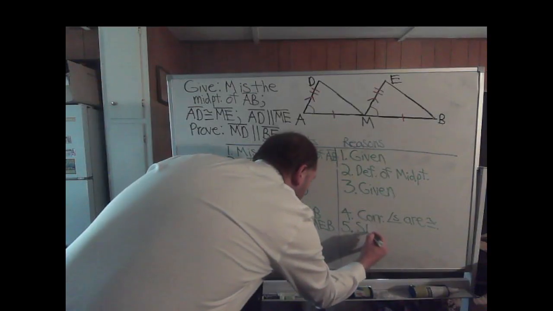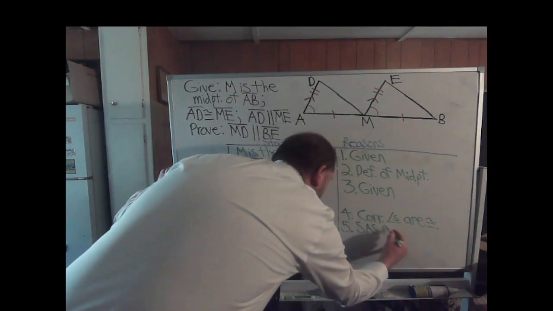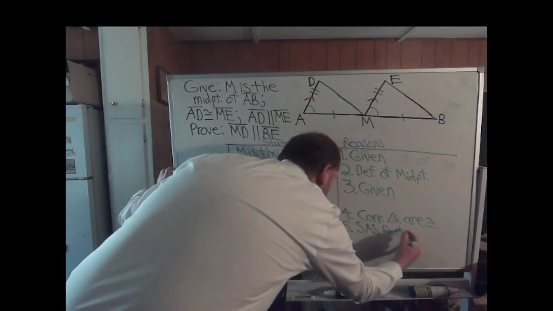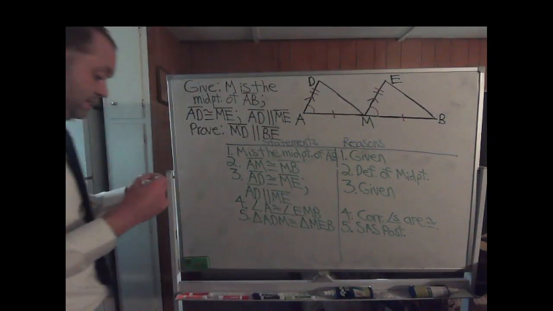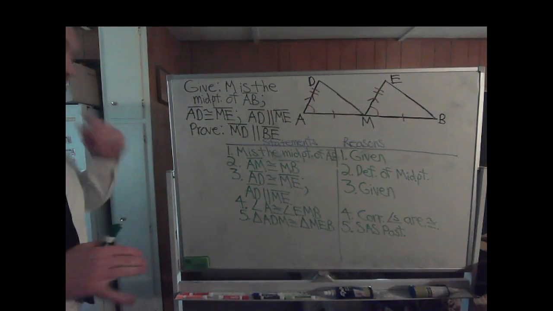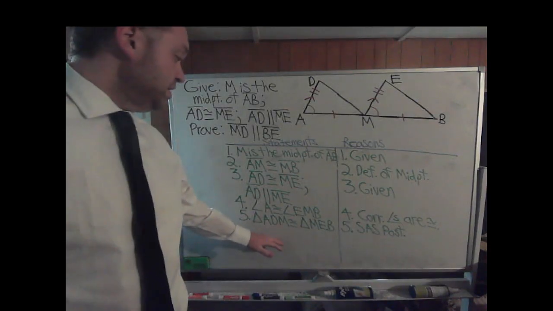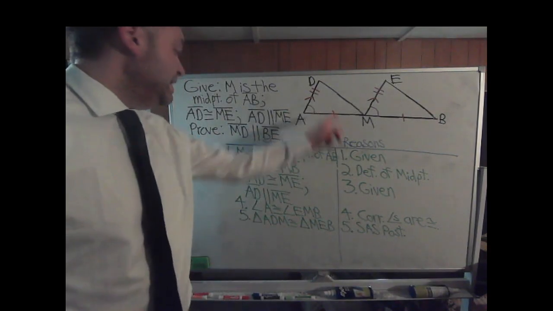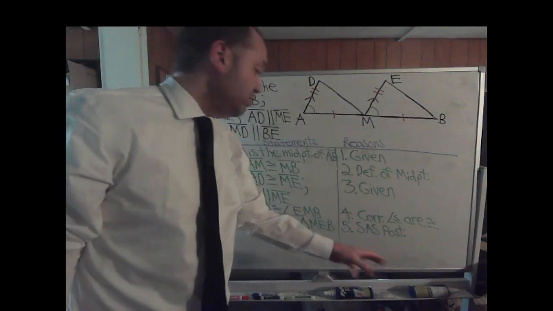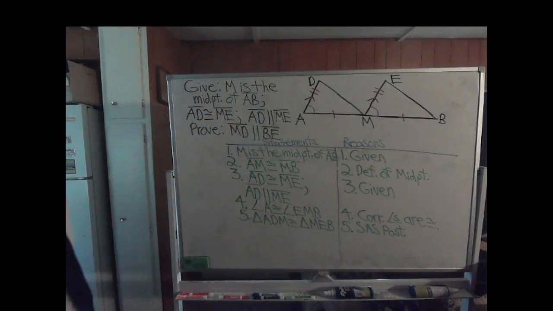So the reason for these two triangles being congruent is the side angle side postulate. We've proven that triangle ADM and triangle MEB are congruent by the side angle side postulate.